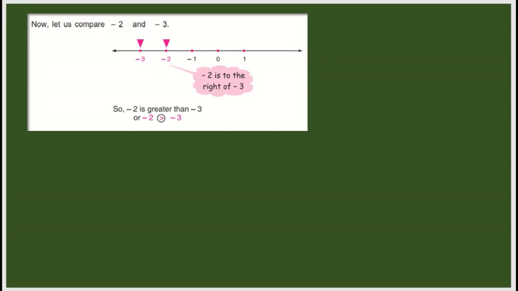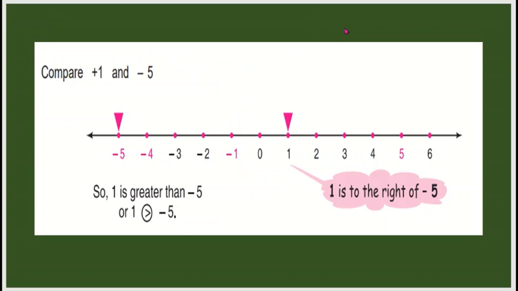This can be written in this way: minus 3 is smaller than minus 2, because minus 3 is to the left of minus 2, whereas minus 2 is to the right of minus 3. Now observe, I have taken here one negative integer, that is minus 5, and one positive integer, that is plus 1.